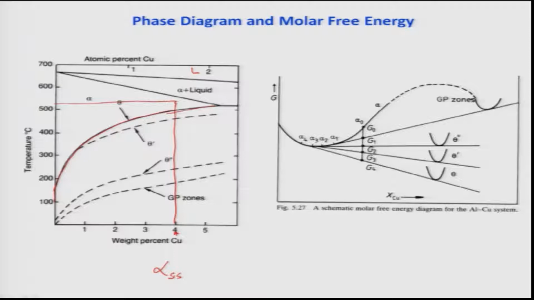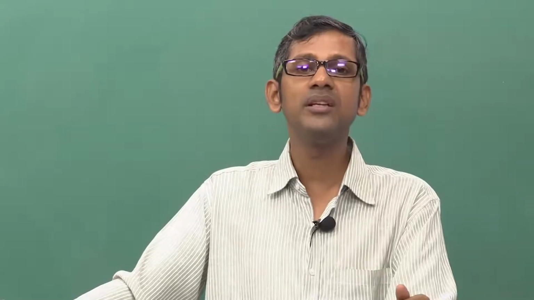Okay, so this supersaturated solution of alpha is not a stable phase thermodynamically, because it has a larger amount of copper than it is supposed to have. So once you heat up to 100 to 150 degrees Celsius, this supersaturated alpha transforms, and it transforms in a sequence of phases.